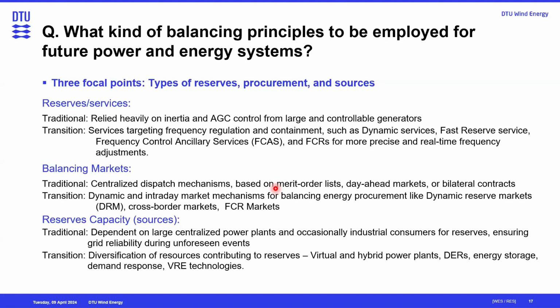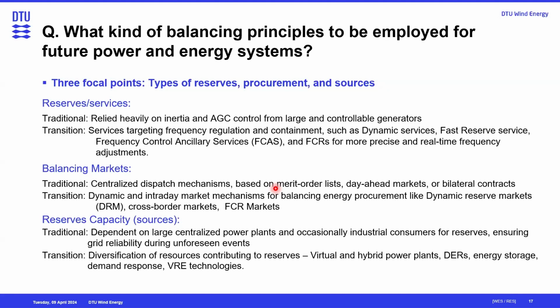So traditionally it relied heavily on the automatic reserves and the inertia of the system, moving towards more dynamic services, and also a mix between automatic and manual reserves, and demand is playing a major role.